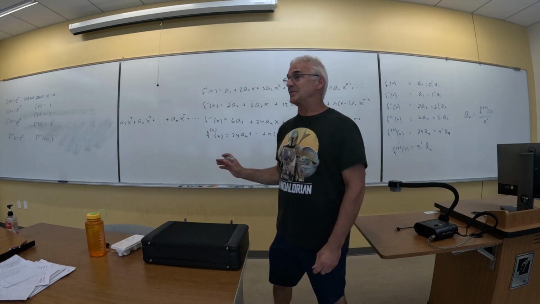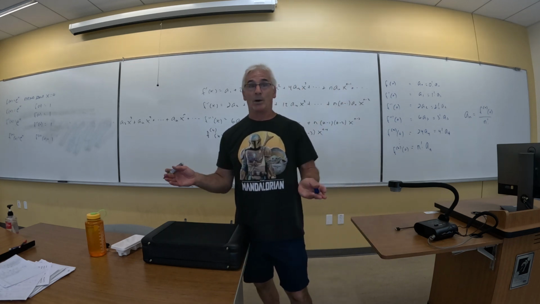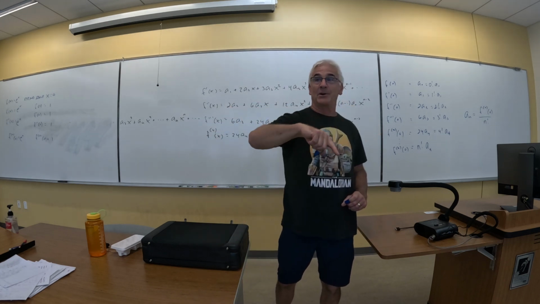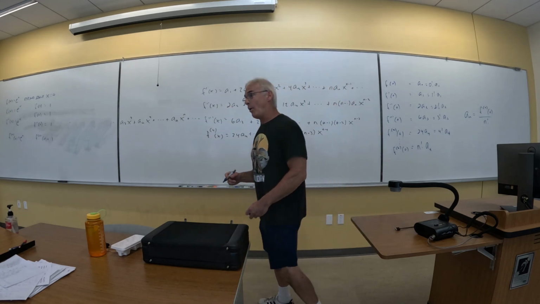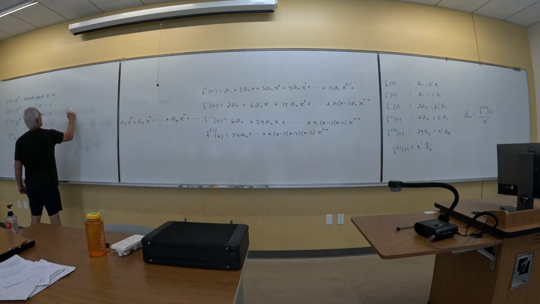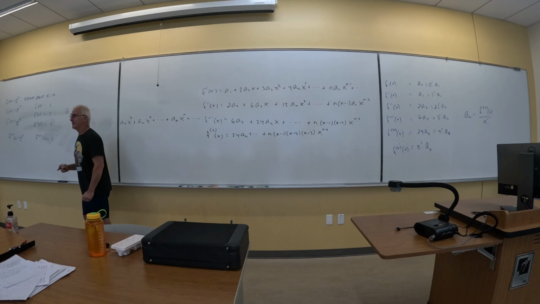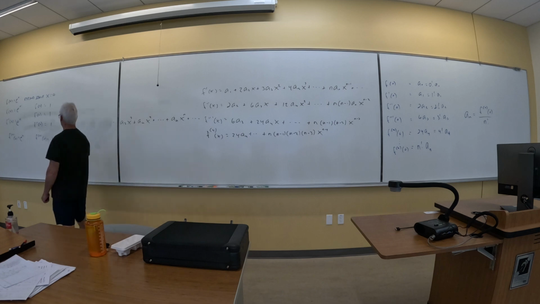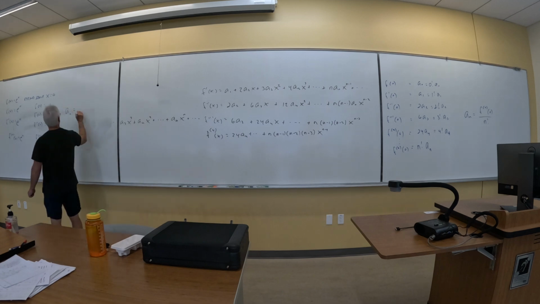So e to the x is analytic at all real numbers. That's why we're choosing 0. e to the x and all of its derivatives, when evaluated at 0, give me back 1. So that means that the a_n, the nth coefficient, is exactly what? According to that formula, it's going to be this over this.